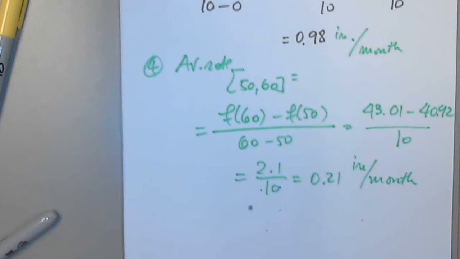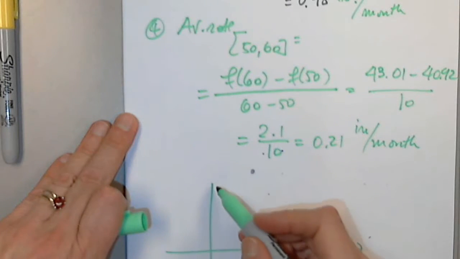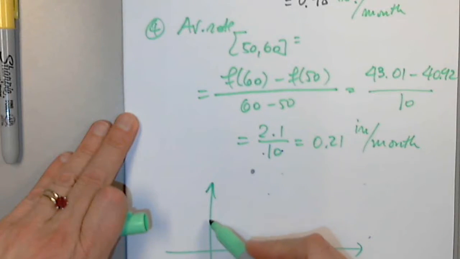Okay. Last question. How does this compare with your answer in part C? We already mentioned that. How is this difference shown by the graph? So the graph is something like this. Up 19, right?